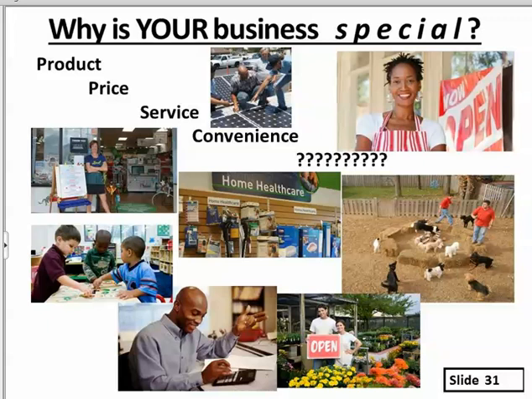Now, it may be something as simple as the little bakery down the street, and what makes that bakery special is the fact it's close by, and they have good food, and it's not too expensive. It may be, in the case of the picture in the center top, a technological item like those solar panels.